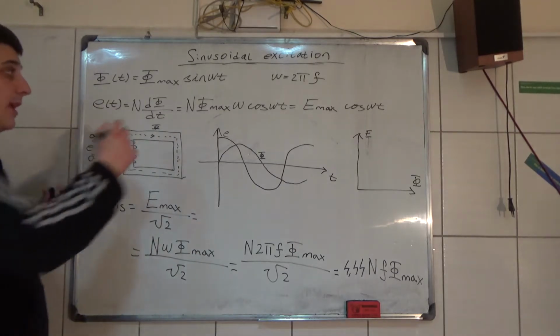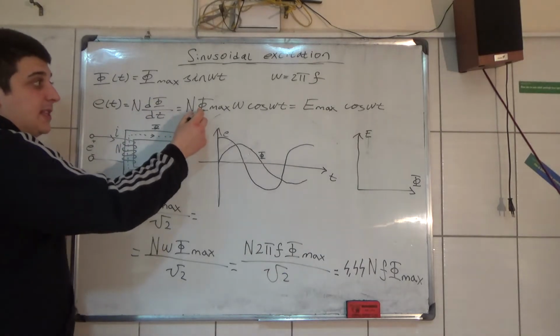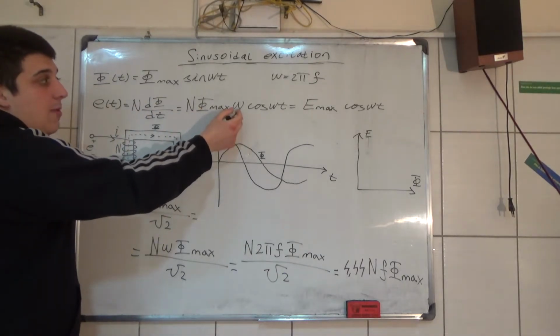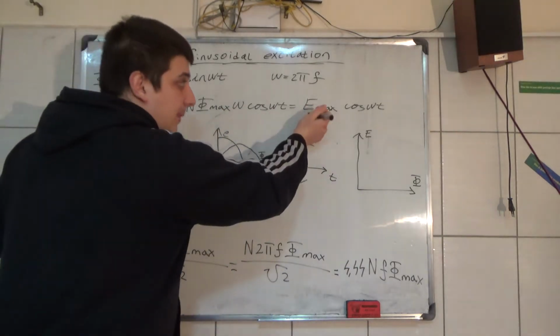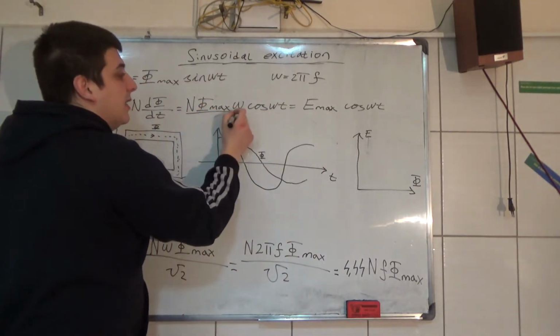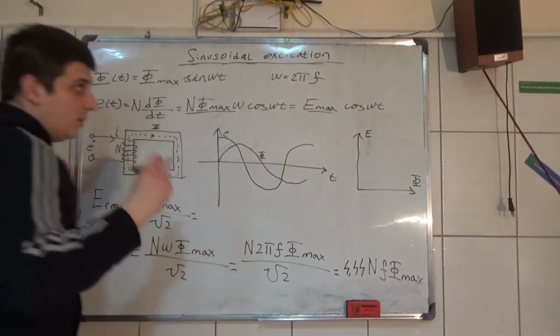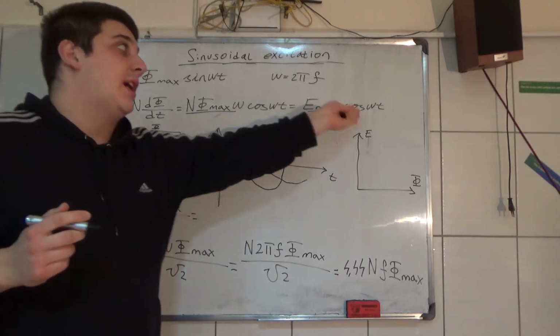Now, here we have the number of turns times the flux maximum times omega, the angular velocity, which is equal to the induced voltage maximum. So here this is this, and we just copy cosine omega t.